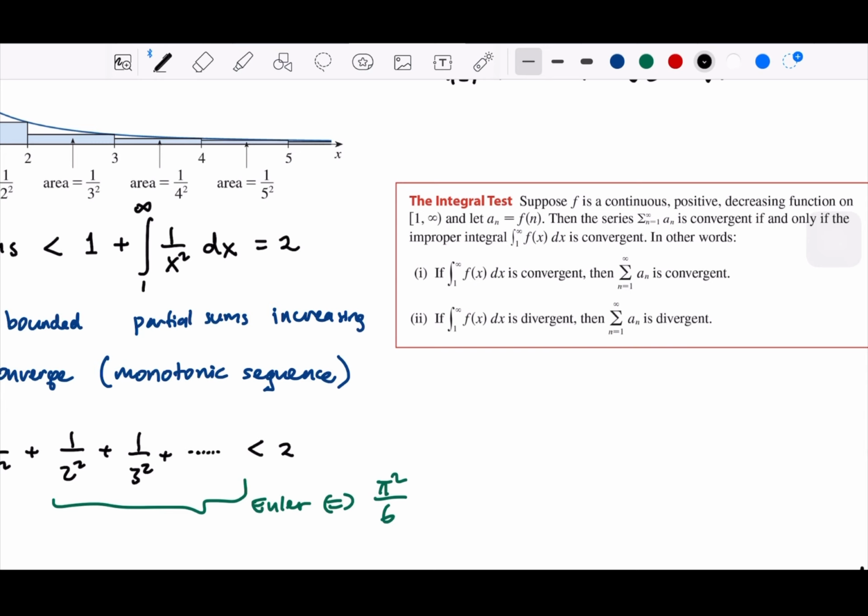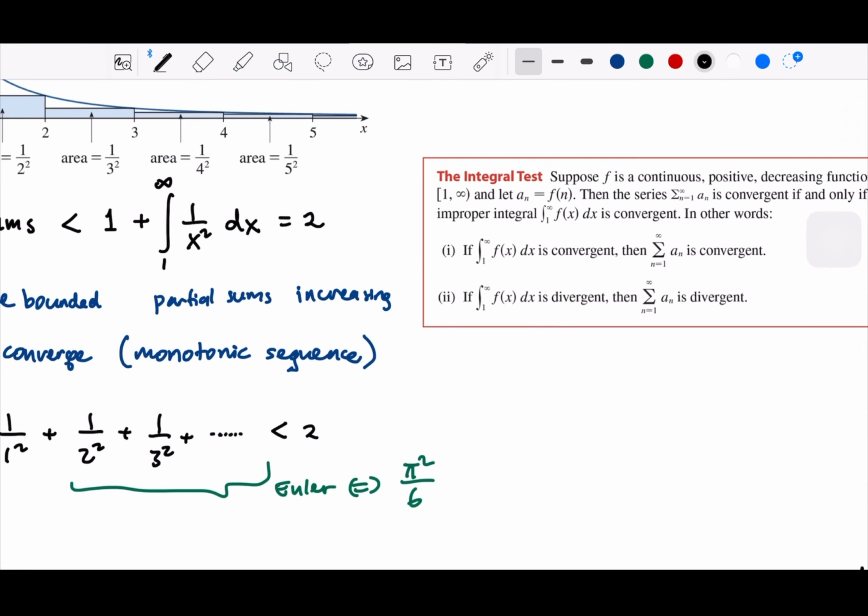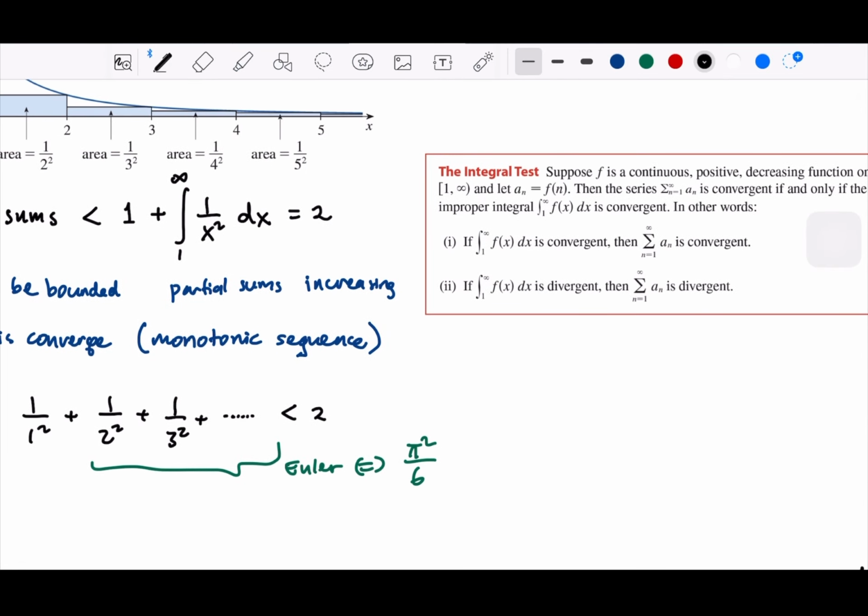And of course, since we are in this integral test, if you remember in calculus 1, we have the p test. We also have now a p series. This is for the sum.